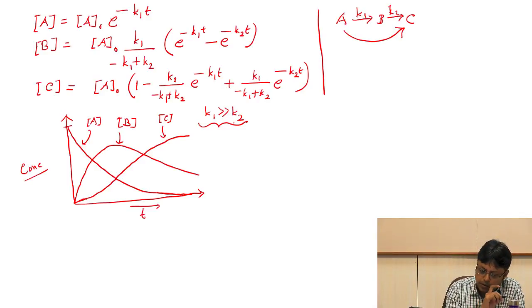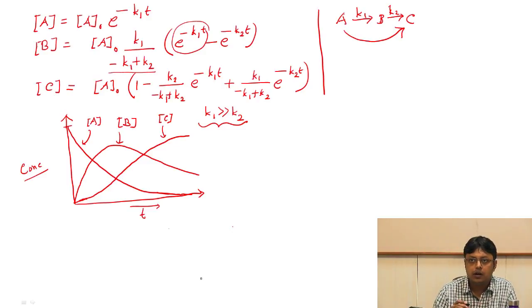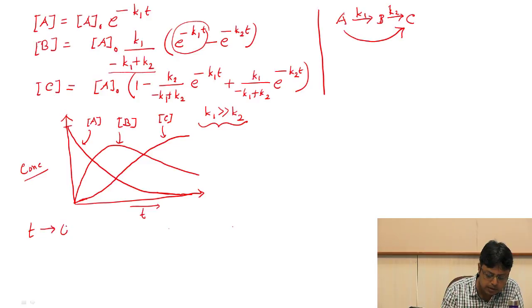Now just think about it. A is very simple. It is just decaying with minus K1 into t. All right, so let us now try to understand what happens for these curves at very early time, or t tends to 0.